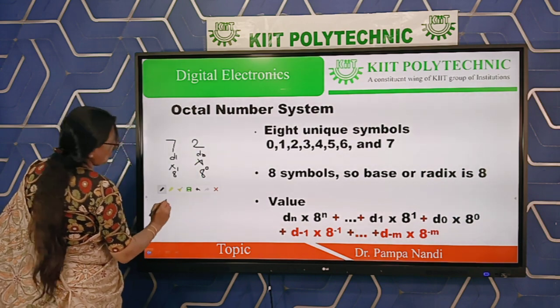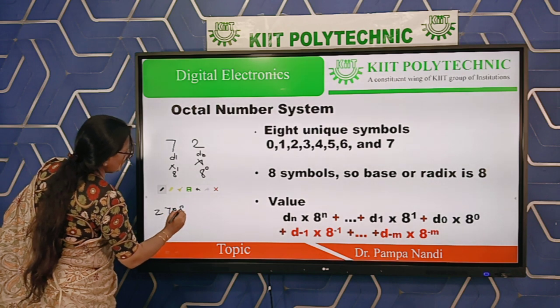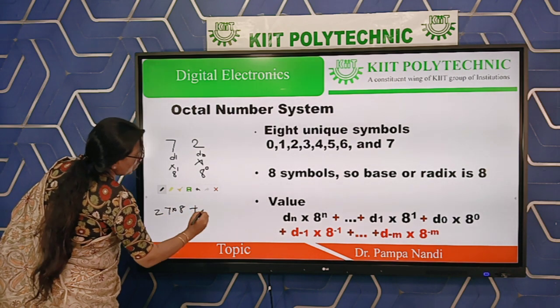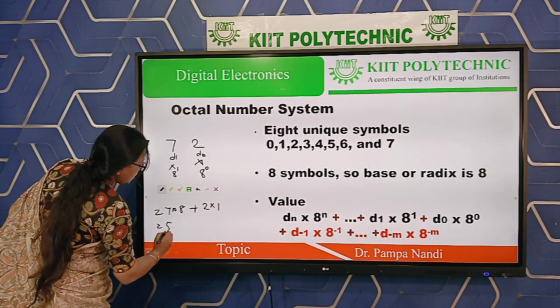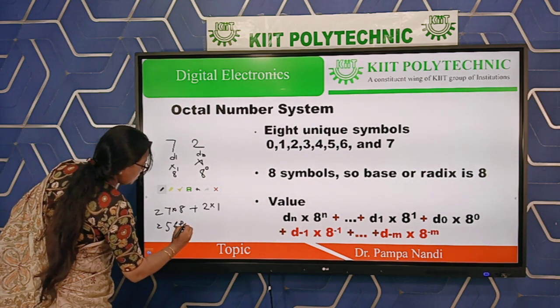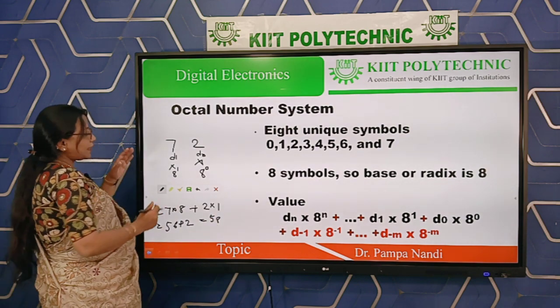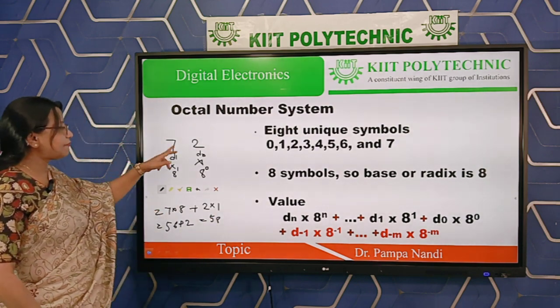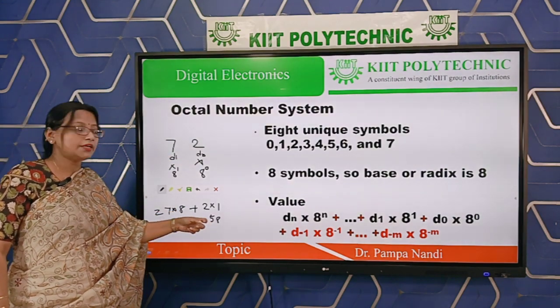Then the equivalent number is 7 into 8 plus 2 into 1, 56 plus 2, 58. So the octal number 72 gives the equivalent decimal number 58.